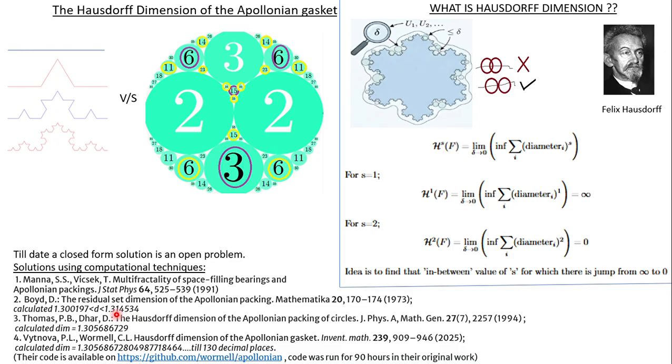And I would like to mention the name of Professor Deepak Dhar. He is the first Indian to get the Boltzmann medal in 2022. And yeah, this video was kind of a motivation from there. And he worked on this Hausdorff dimension.